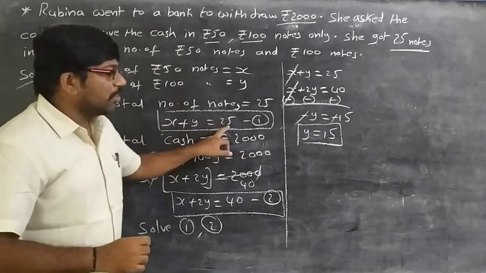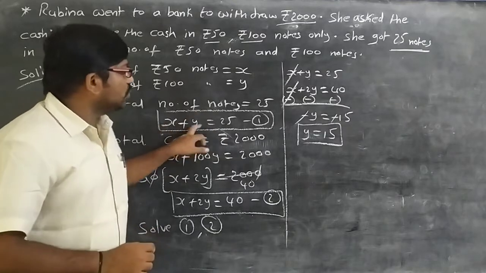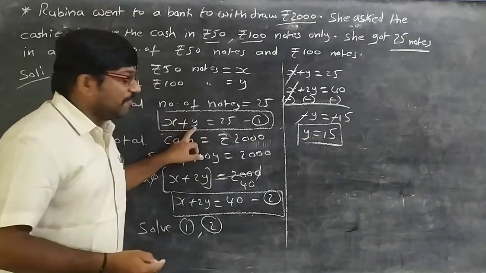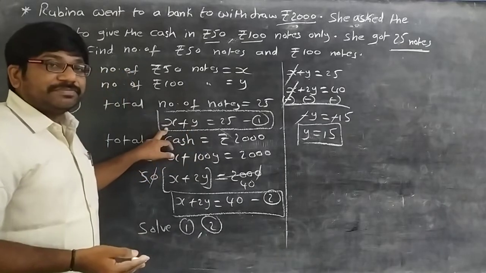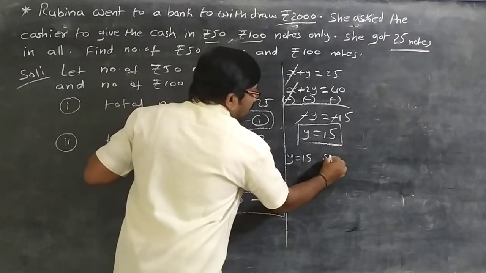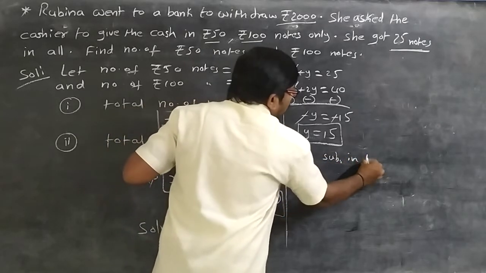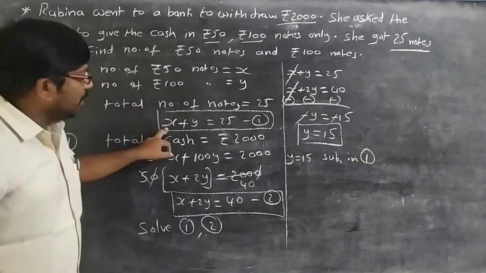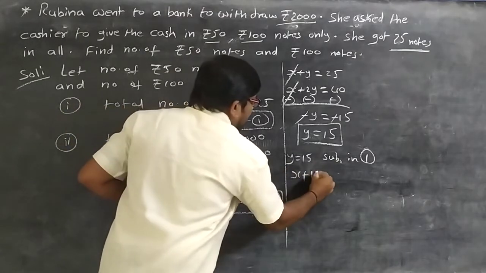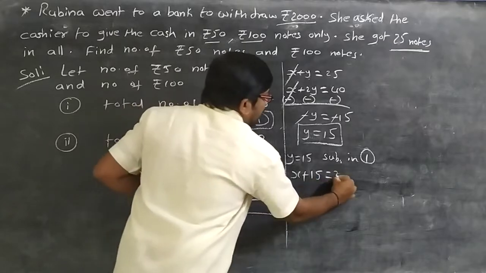x plus y is equal to 25. Total notes how many? 25. Here y is equal to 15. What about x? Yes, substituting the y value, y is equal to 15, in equation 1, we get the x value, right? x plus y is x plus 15 is equal to 25.